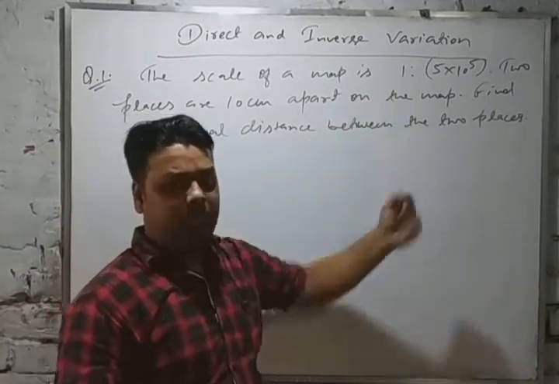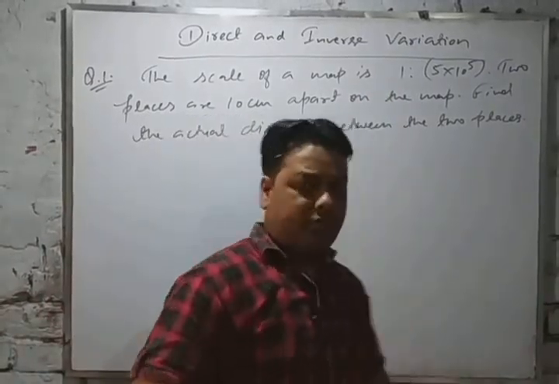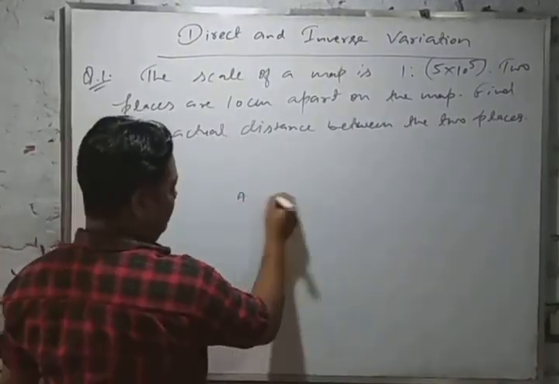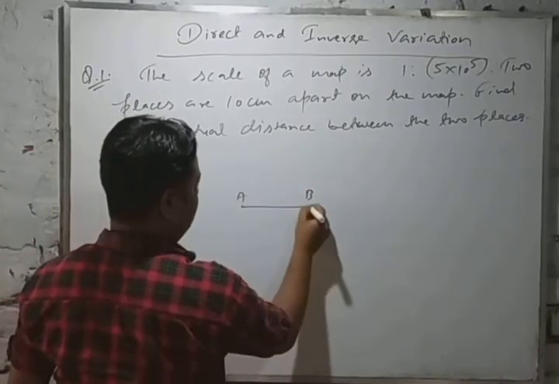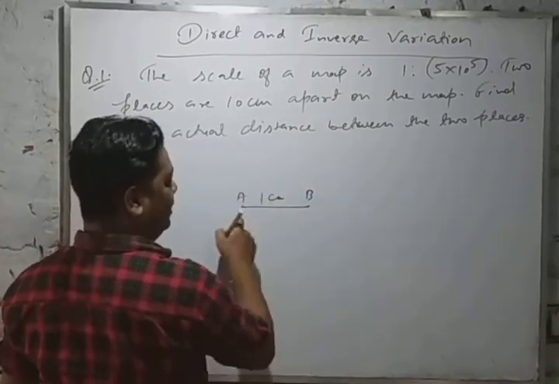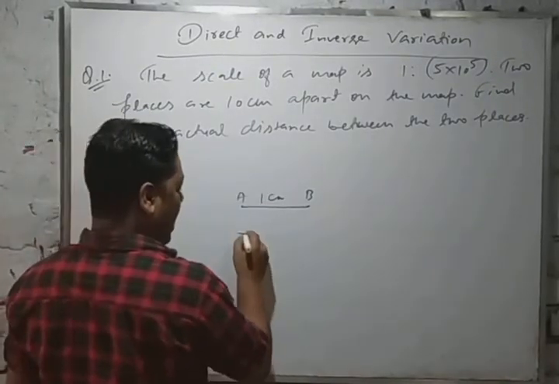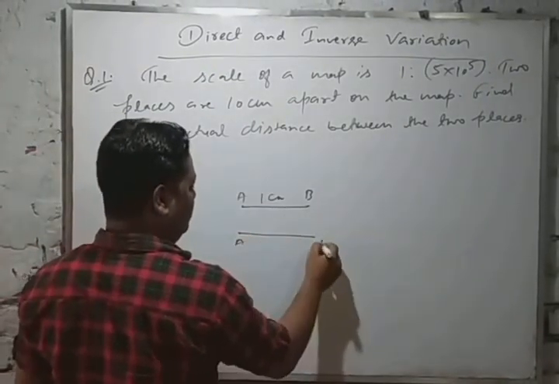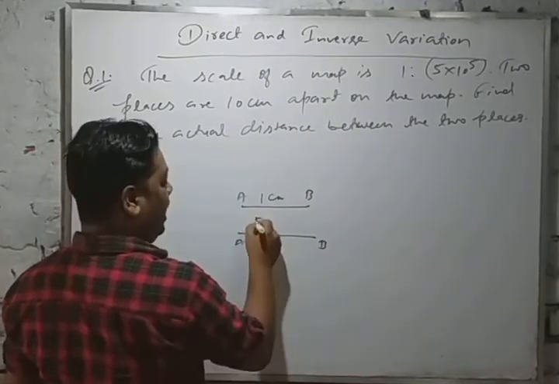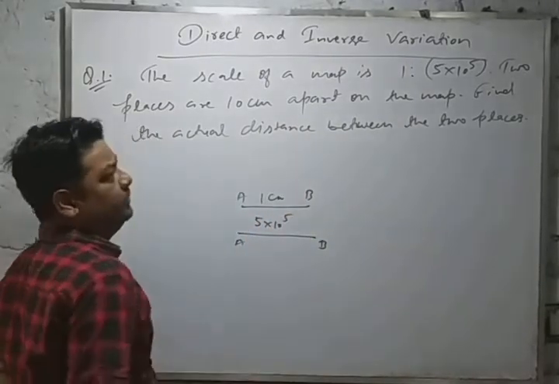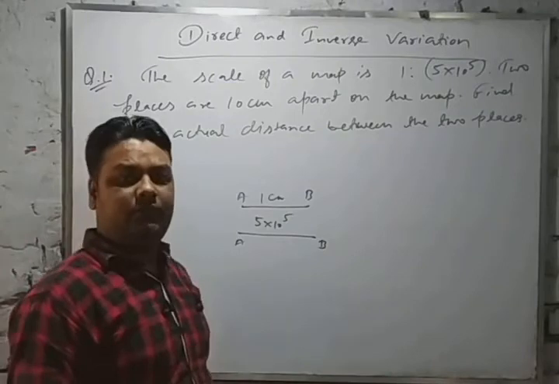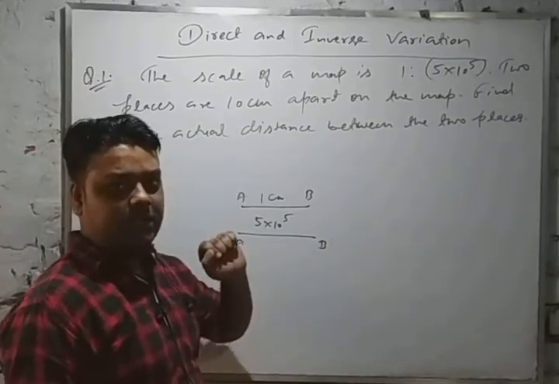Now, as we know, 1:5 into 10 to 5 means if there is 1 centimeter distance between A and B on the map, then the actual distance from A to B will be 5 into 10 to the power 5. This will be the actual distance of the two places.